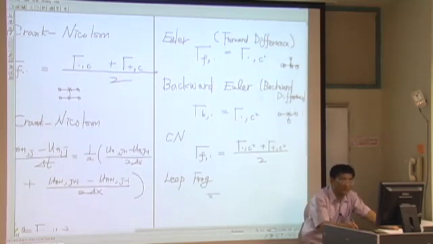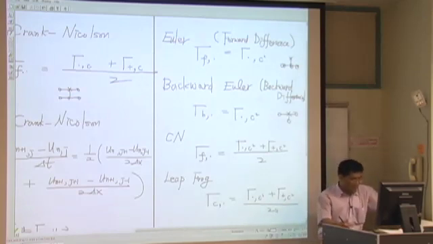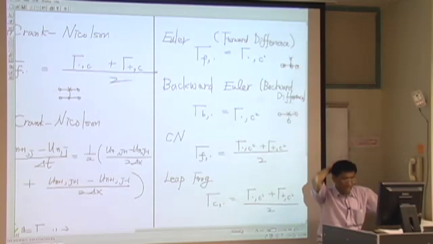The leapfrog method is T. I'm explaining all these things using the operator expression, right? And I will pause, and then you can check. I will sketch the stencil too.